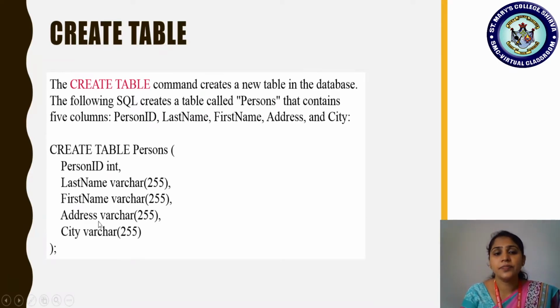Then address, it could be 100 or 150, anything like that, or if it is still less, you can reduce that number. Here also, to be safe, they have taken 255, so that in case the information exceeds, it should not create an error while creating a table. To avoid that, they have taken the maximum size here.